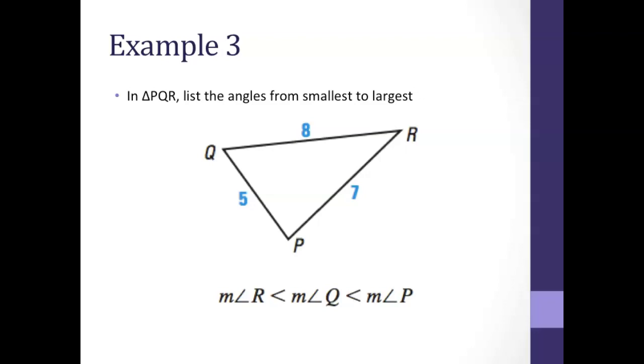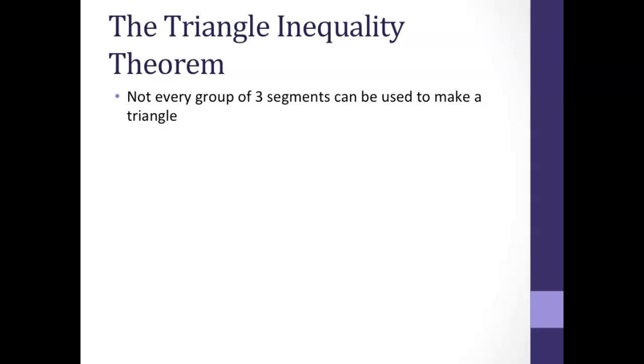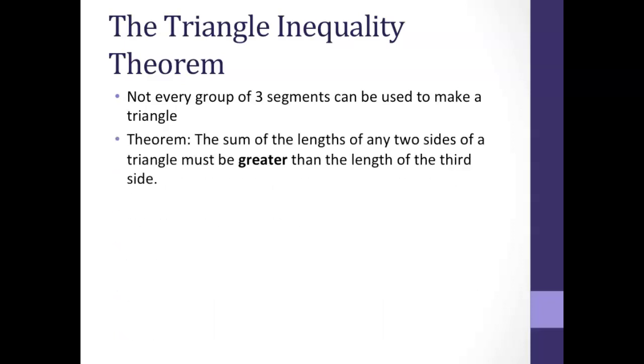All right, the next theorem we're going to talk about is called the triangle inequality theorem. Just because you have 3 segments does not mean that you're able to form a triangle with those 3 segments. What this theorem says is that the sum of the lengths of any 2 sides of a triangle must be greater than the length of the third side. Take a look at this picture here.